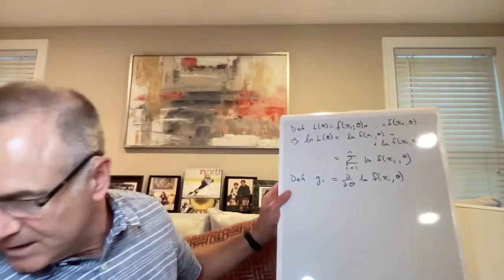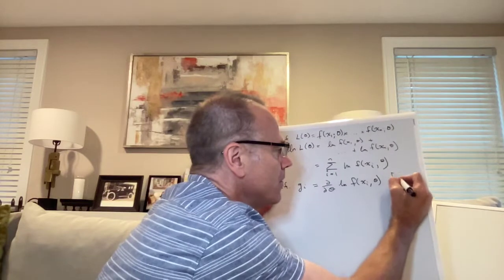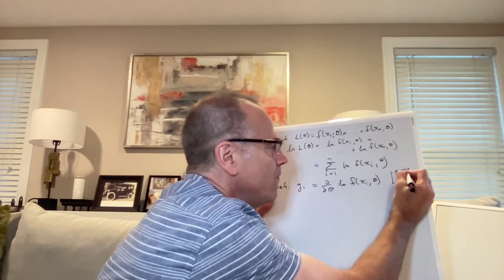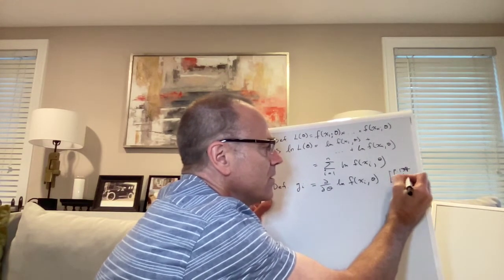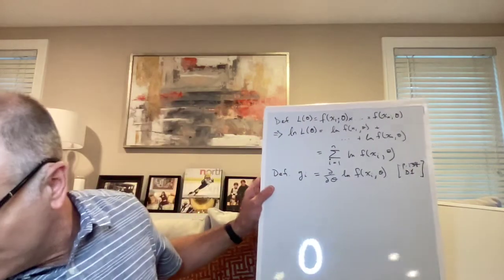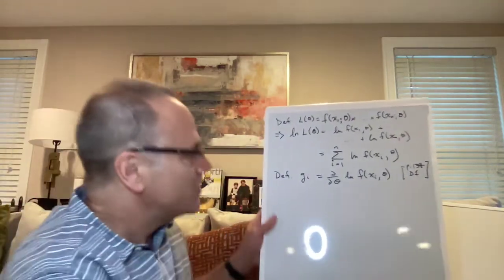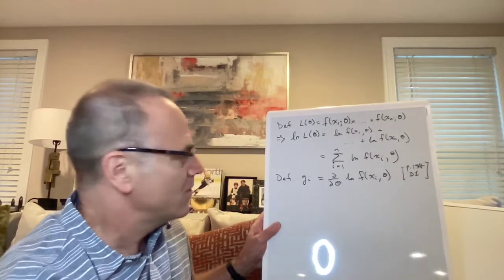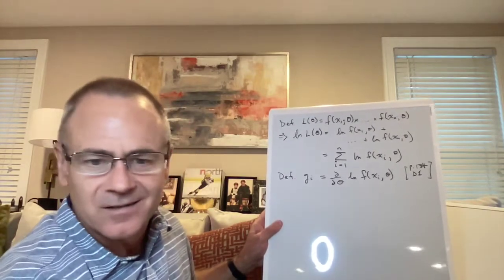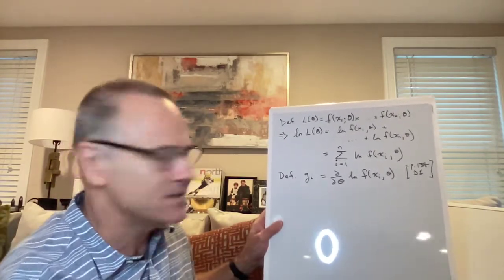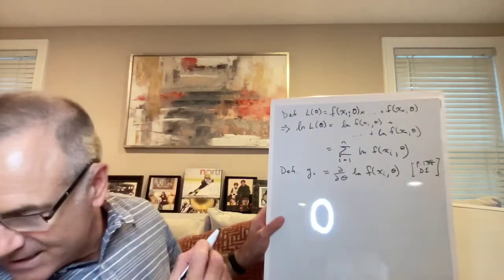And this is page 134, equation D1. When you're going through, just memorize this: g i equals this.